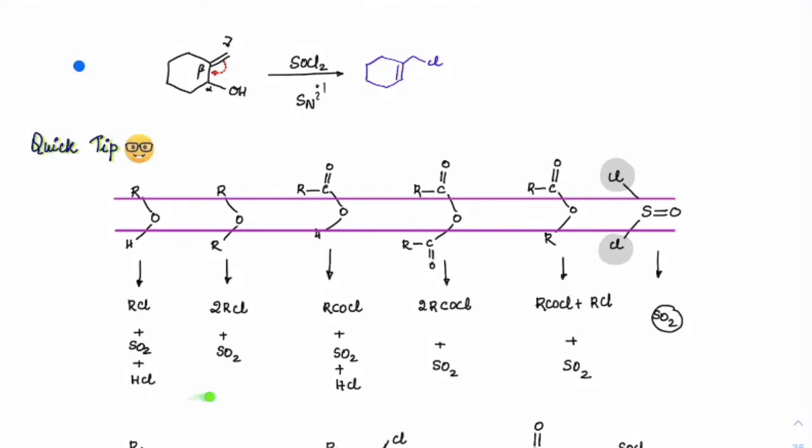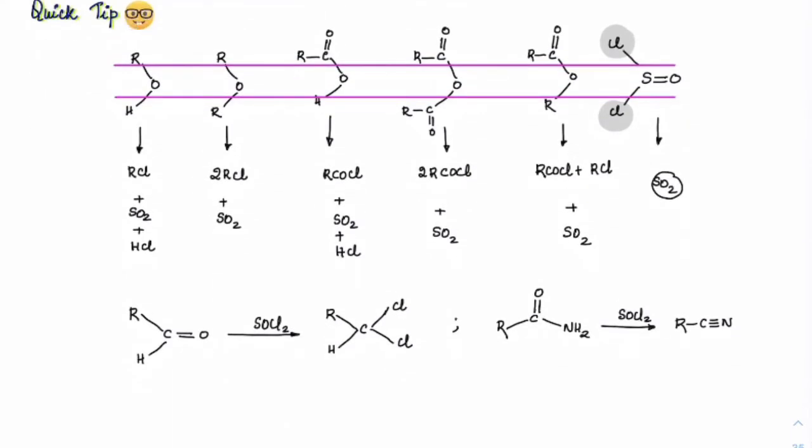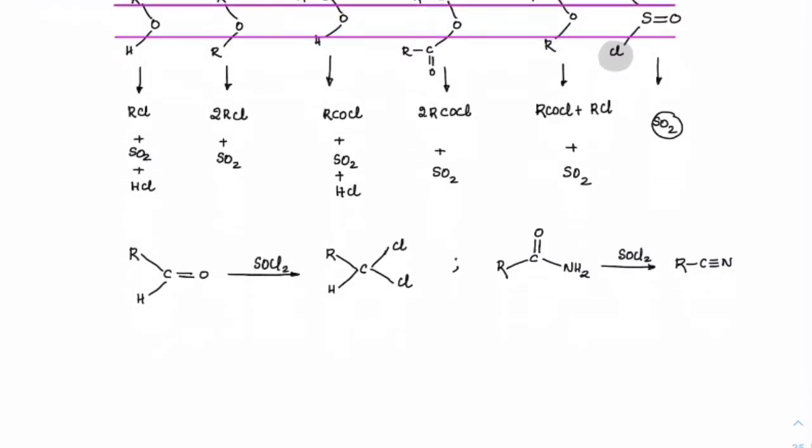So just like how we wrote it for PCl5, the same logic will be applied for SOCl2 also. You can just rewrite the tip later because it is exactly similar to that of PCl5.